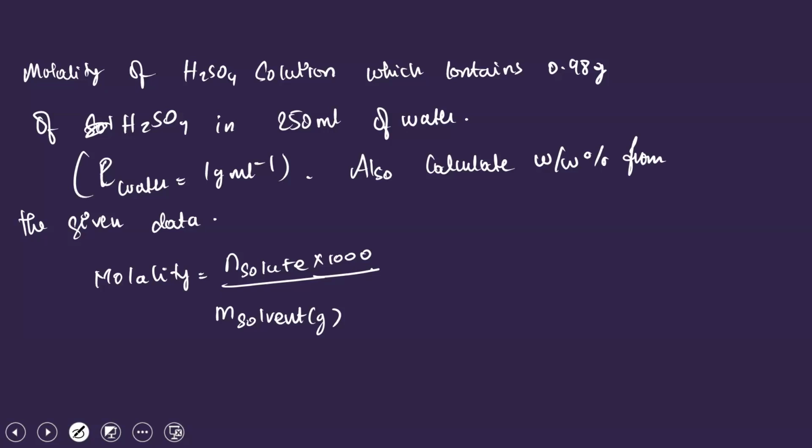What is the mass of H2SO4 here? So what is the number of moles of solute? Number of moles of H2SO4 is equal to given mass 0.98 divided by molar mass 98.